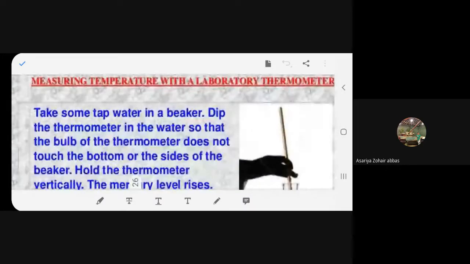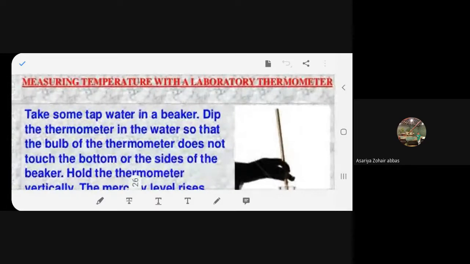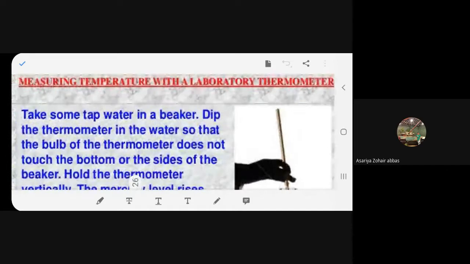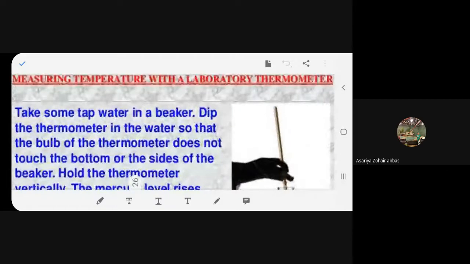Now, let's see how we do it. Measuring temperature with a laboratory thermometer. Please read. Boys, are you there?